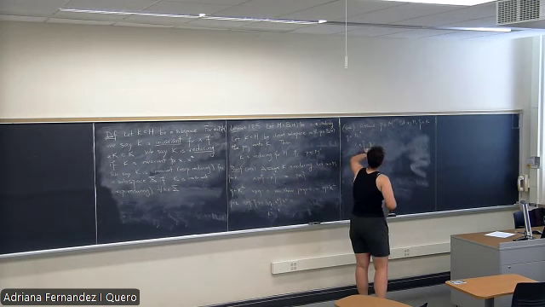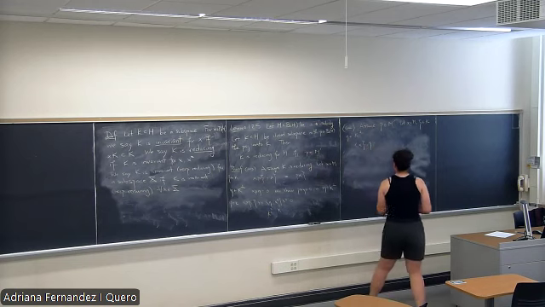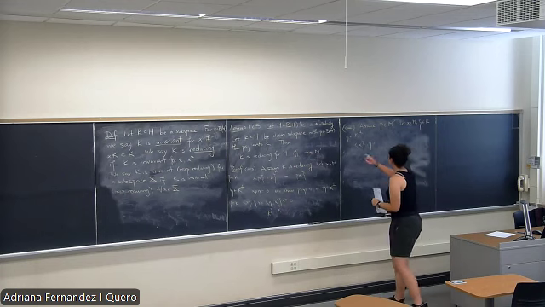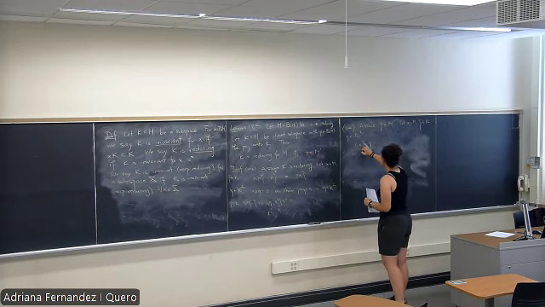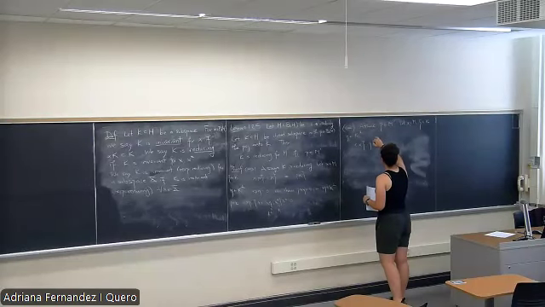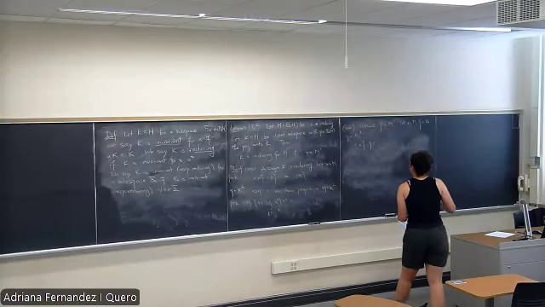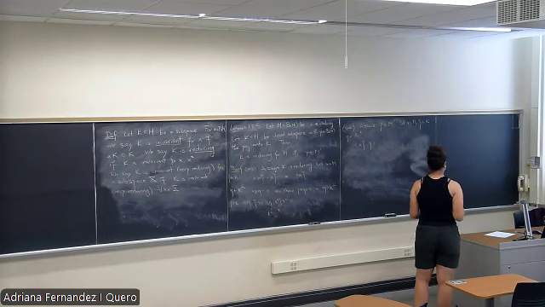Why? Because if this gives us 0, and this was for any arbitrary element eta in the orthogonal complement of K, that means that x psi lies in the double orthogonal complement of K, which is just K.